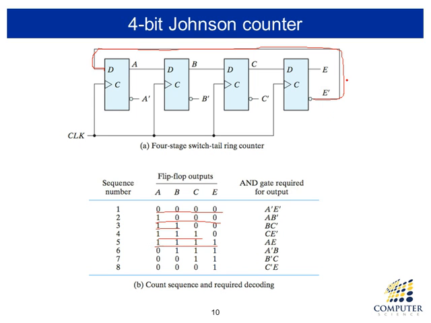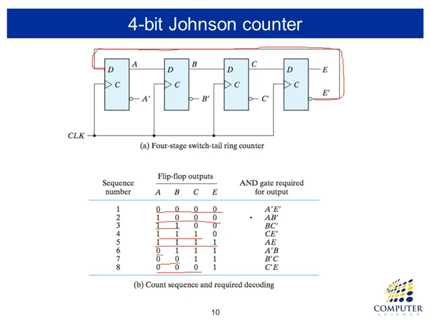Then since the output is 1 here, the complemented output is 0, so 0 is fed back to the first flip-flop. On the next clock, 0 is shifted, and 0 is shifted. On the next clock, you will fill with all zeros, and you go back to the first pattern. So as you can see, with the 4 flip-flops, you can distinguish 8 different states. That is the Johnson counter configuration.